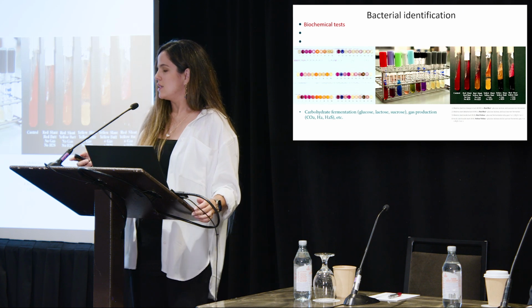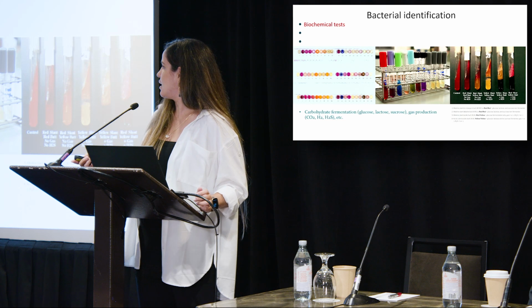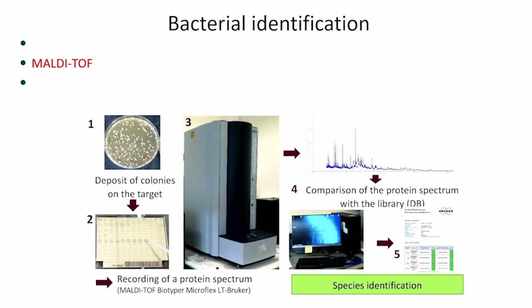In this case, what we do in the lab is mostly with samples from patients coming from upper endoscopy. And the other thing that we do as well, not exactly for research purposes, but for clinical purposes, is that we have other, more advanced ways to identify these microbes without doing all these biochemical tests. We still need to do the visual inspection. We still need to grow them until we reach single colonies, right?